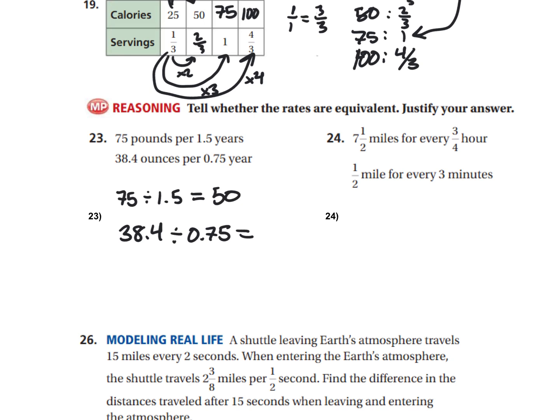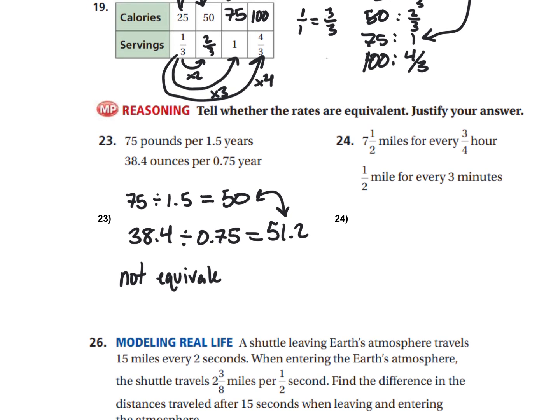We look at that. I end up with 51.2. Easiest way to tell, right? If those two numbers don't match, then these are not equivalent. When it says justify your answer, right? We would say unit rates are not equal.